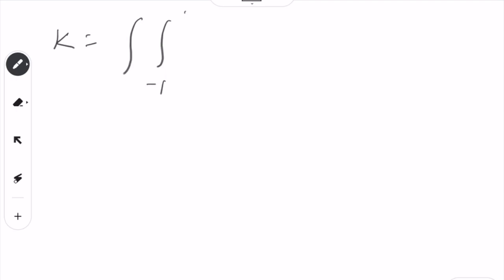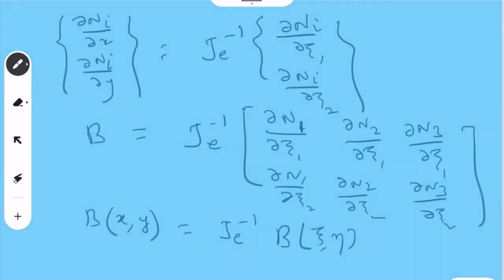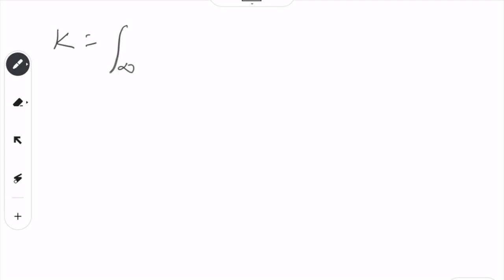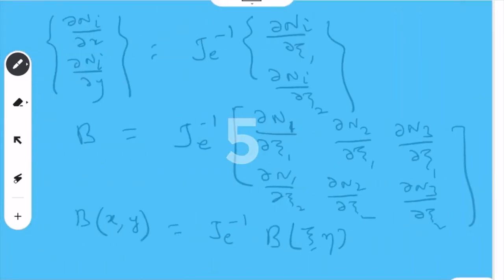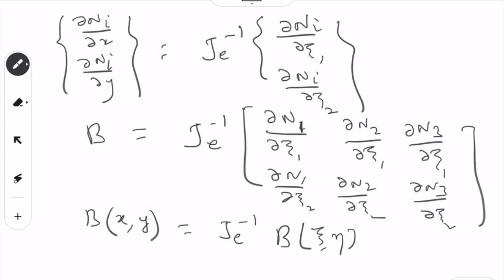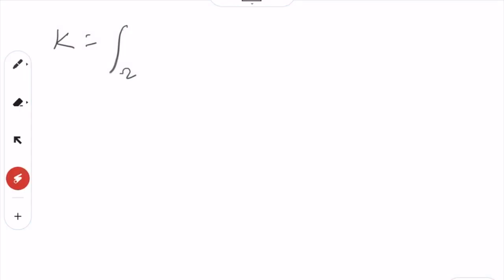Now we can get the proper integral. So, minus 1 to 1. Here we have to be careful about what we are talking about. So, let us not write like that; we will talk about the integration later. Okay, sorry. So, this one is this, and let us write that it is a function of xi 1, xi 2.